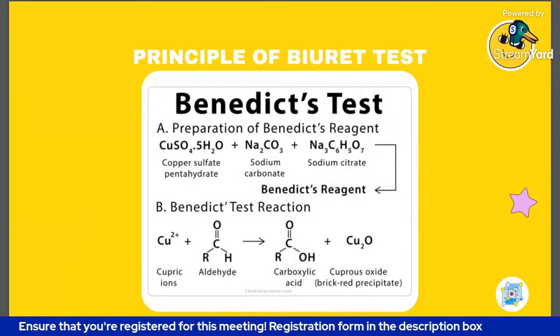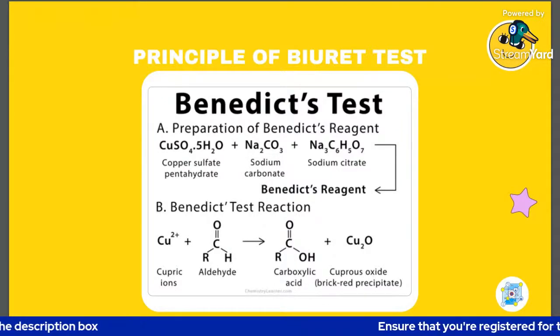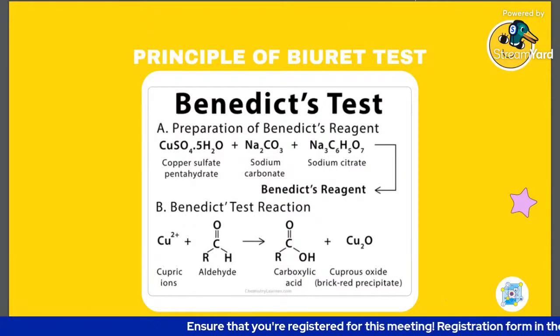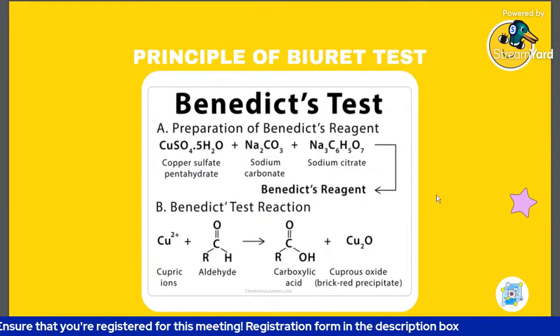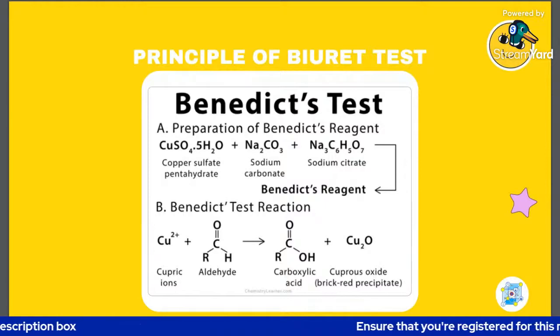All right, so the principle of this Benedict's test, recalling that our Benedict's solution consists of copper sulfate pentahydrate, sodium carbonate, as well as sodium citrate. That's what makes up the solution. What happens in the reaction that takes place is that the cupric ions, that is the copper 2 plus ions, react with the aldehyde group.